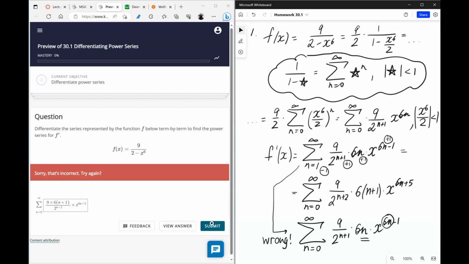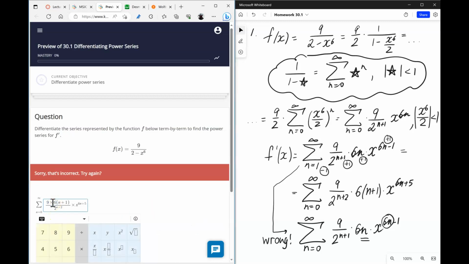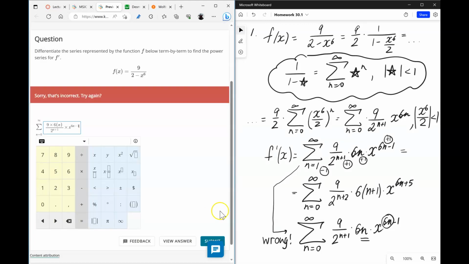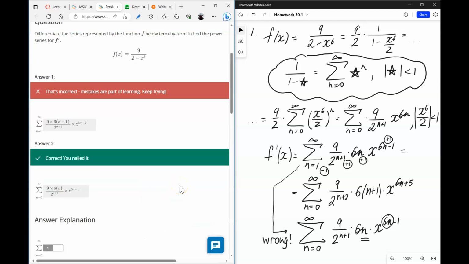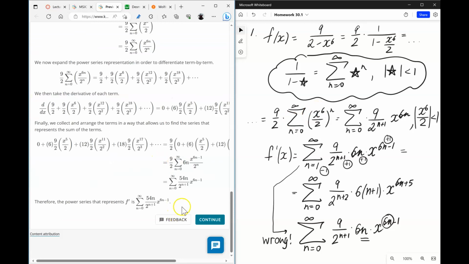Now, we're going to enter this as the answer. So we have this, this, and this. But keep in mind that this is wrong, at least in my opinion.